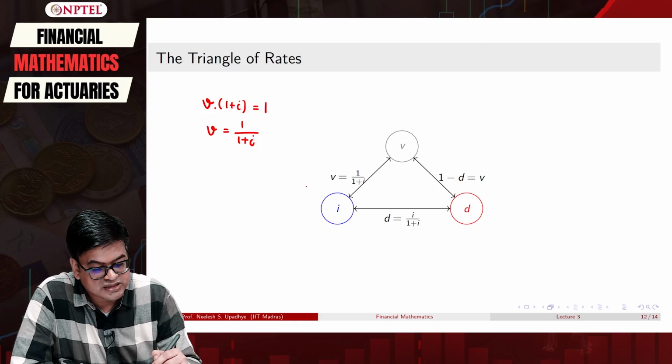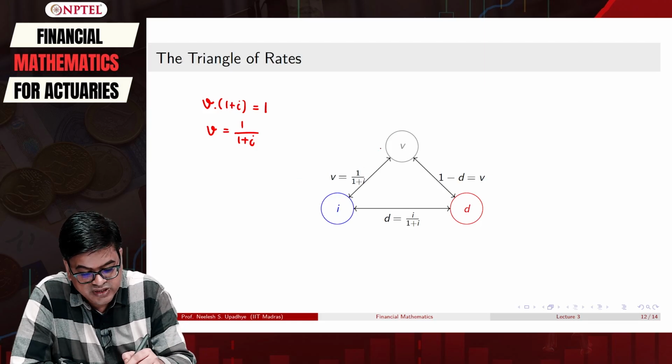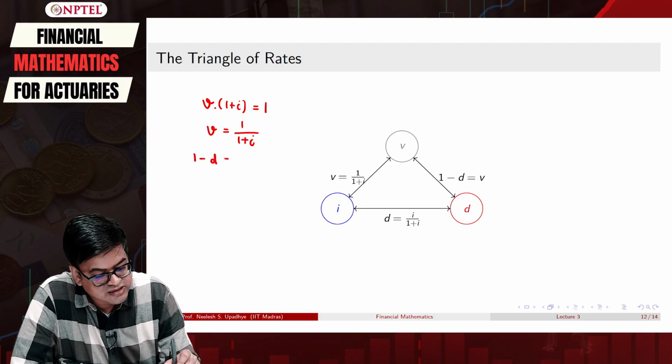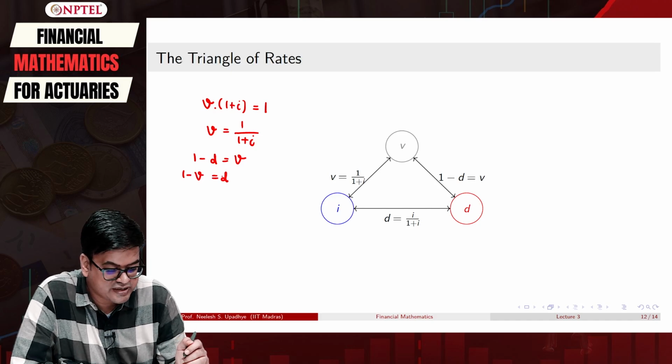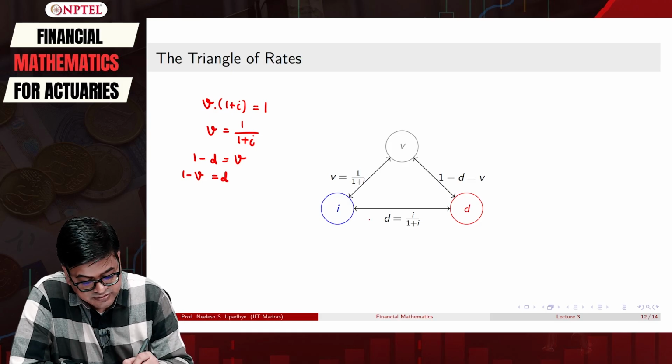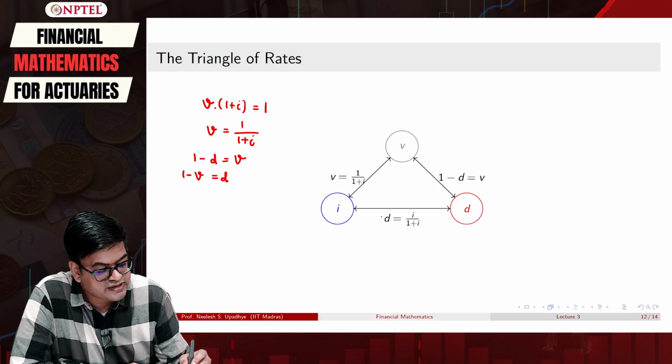Then we discussed this connection with V and D, and there we have proved the second identity, which is 1 minus D is equal to V, or 1 minus V is equal to D. So these are the two identities that we discussed. For that I need an identity for D. So come to D, and we derived this identity.